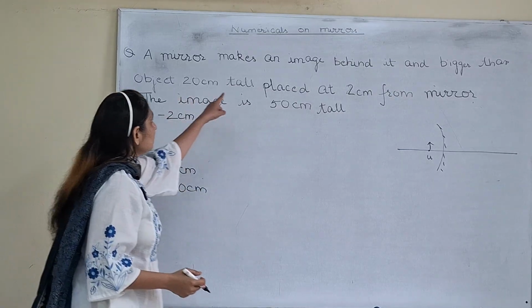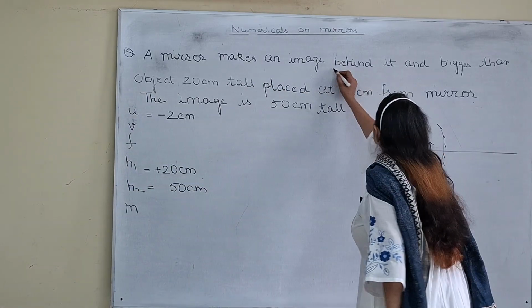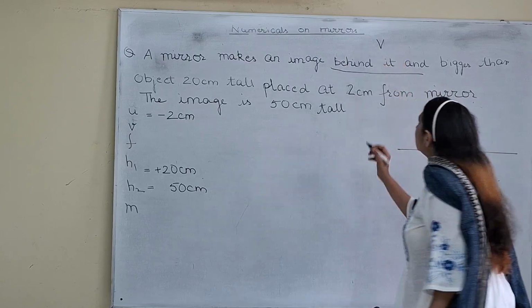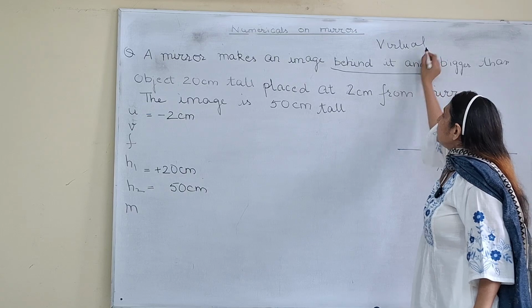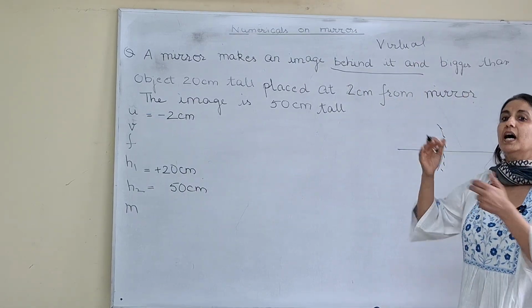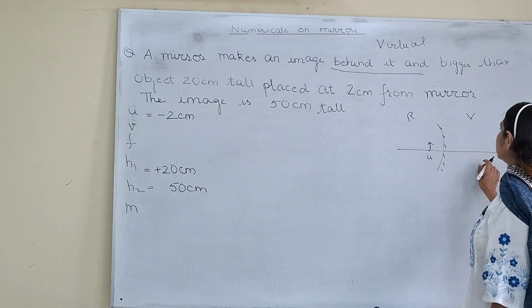See, they're saying behind the mirror. Now this tells us that this is virtual. It's not small v. This phrase tells us कि ये virtual image होने वाली है क्योंकि behind the mirror है. That means my image will be somewhere here.